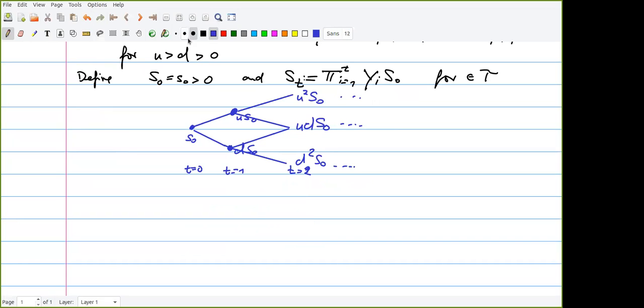And you see here, this gives you a stochastic process, right? So we have a sequence of random variables indexed by time. For us, it's always time.